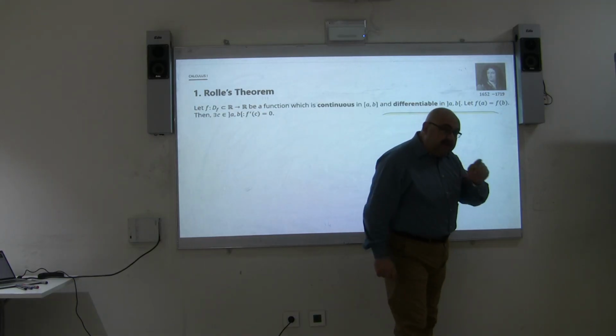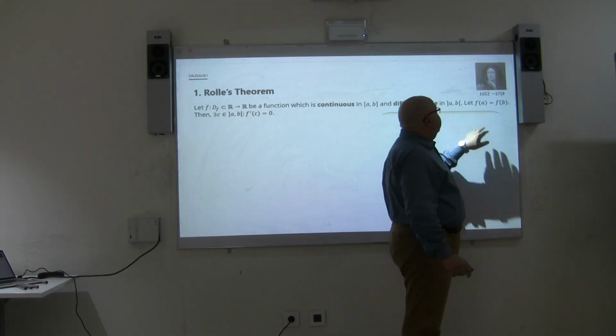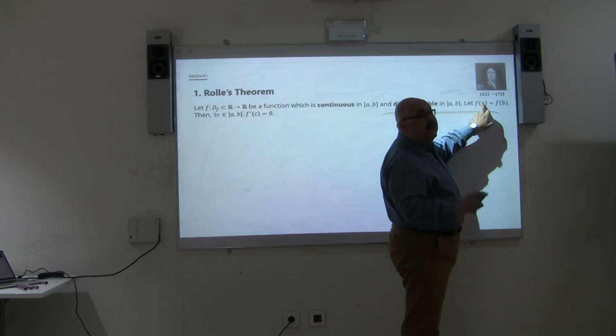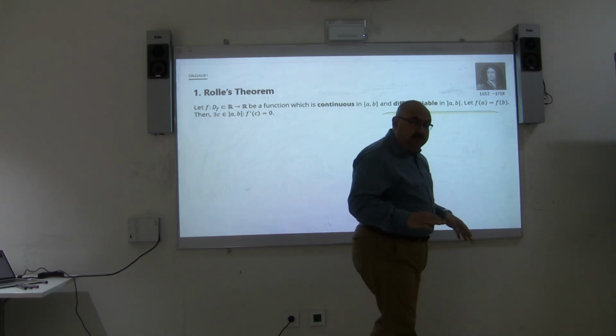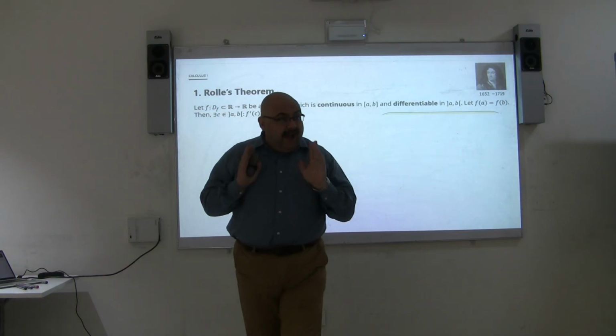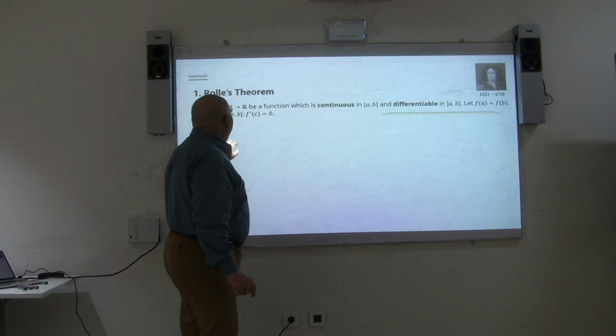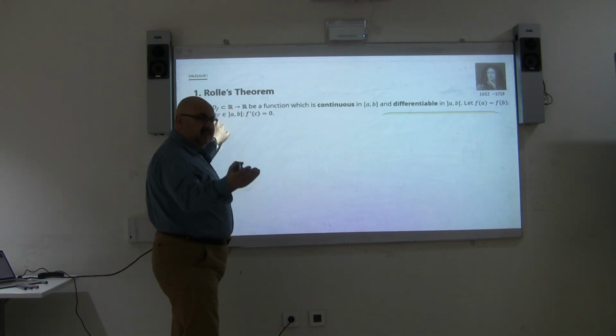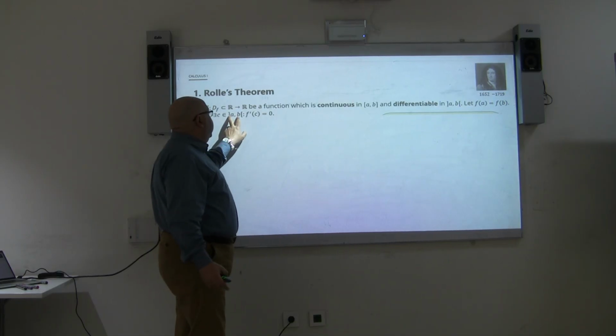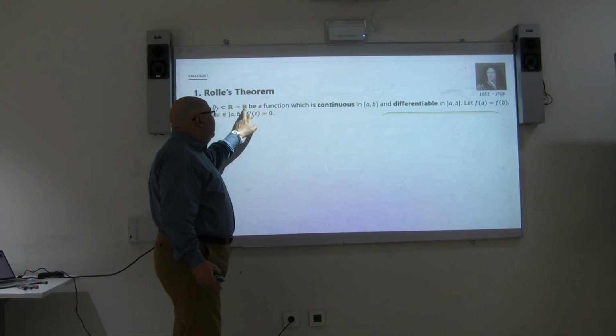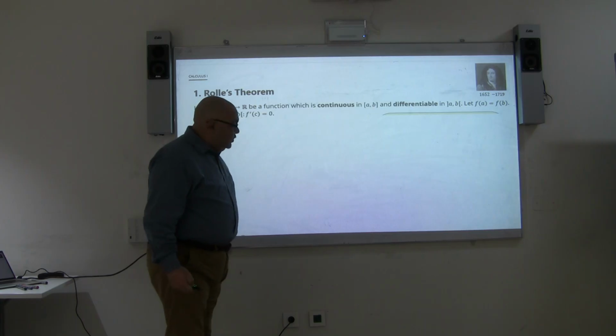And look, the third condition is that the value of the function at the beginning of the interval equals the value of the function at the end of the interval. If these conditions hold, then you will have a certain value c belonging to this interval, where at c you will have f'(c) equal to 0.